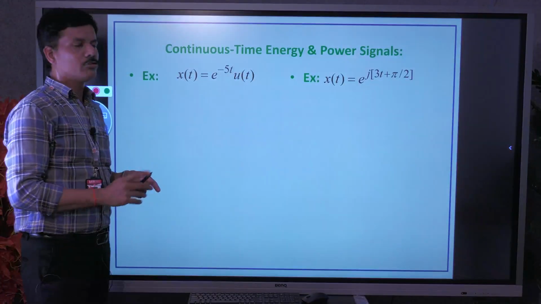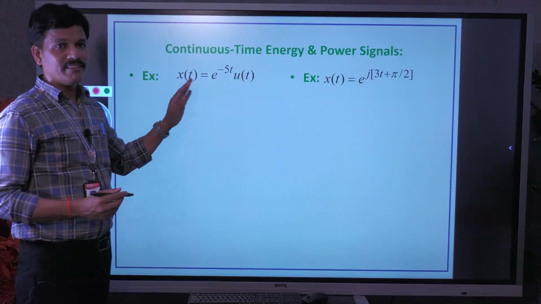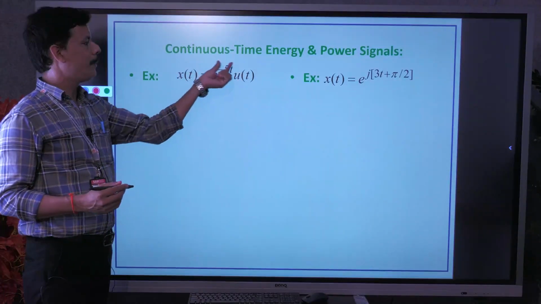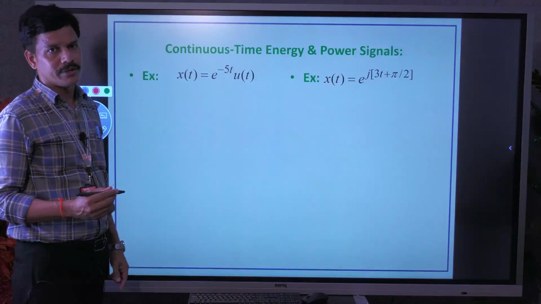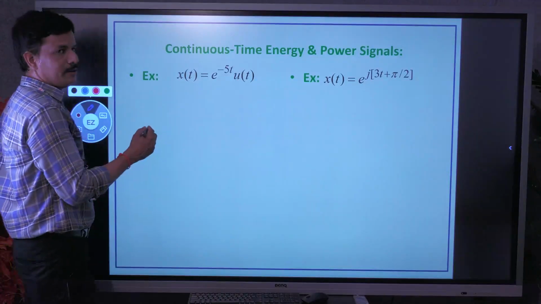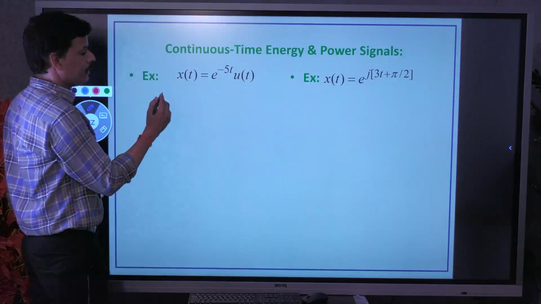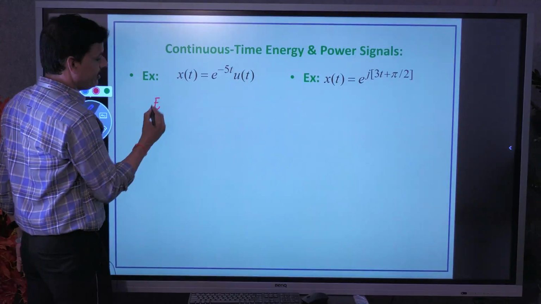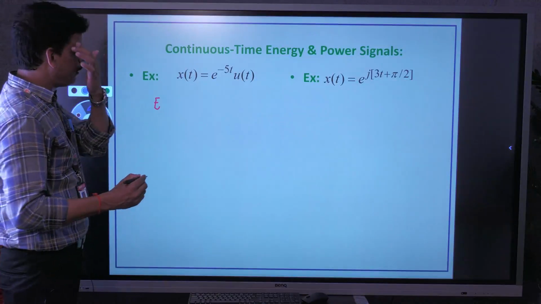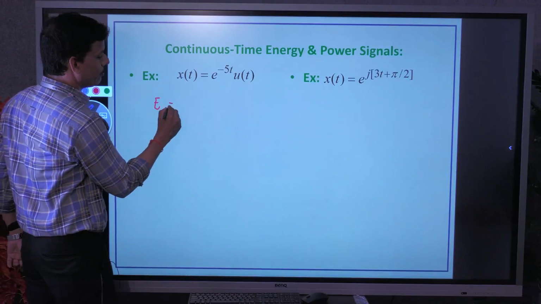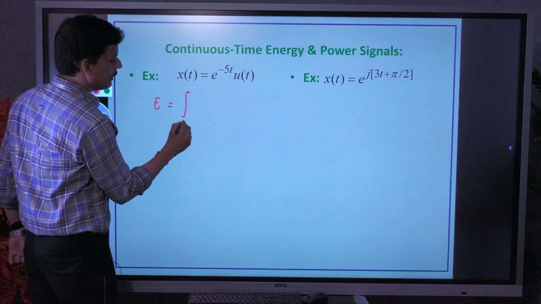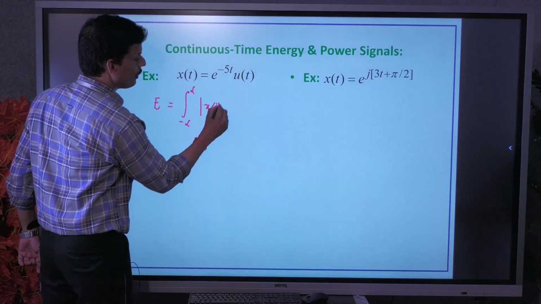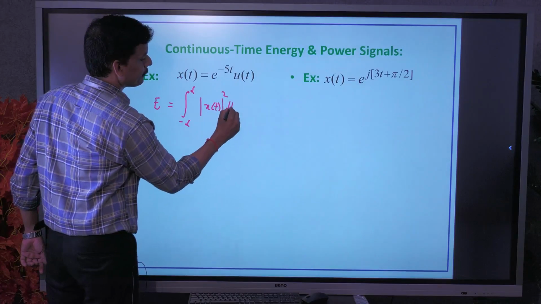Now let us do some problems. First, in continuous time, this is the given signal, x of t equal to e power minus 5t into u of t. Whatever the signal may be, we need to calculate the total energy E and the average power P. I am directly applying the formula, integral minus infinity to infinity, magnitude of x of t square dt.